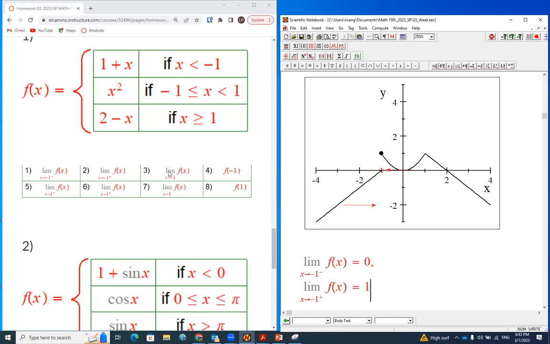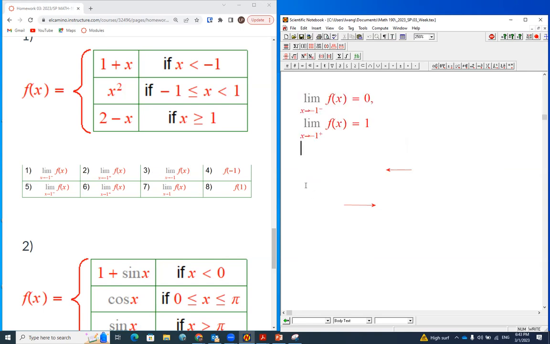So what do we say about number 3? It does not exist. So what is the narrative? Doing math and showing work is all about putting together a proper narrative using the language of mathematics. So we can say the side limit from the left is not the same as the side limit from the right.